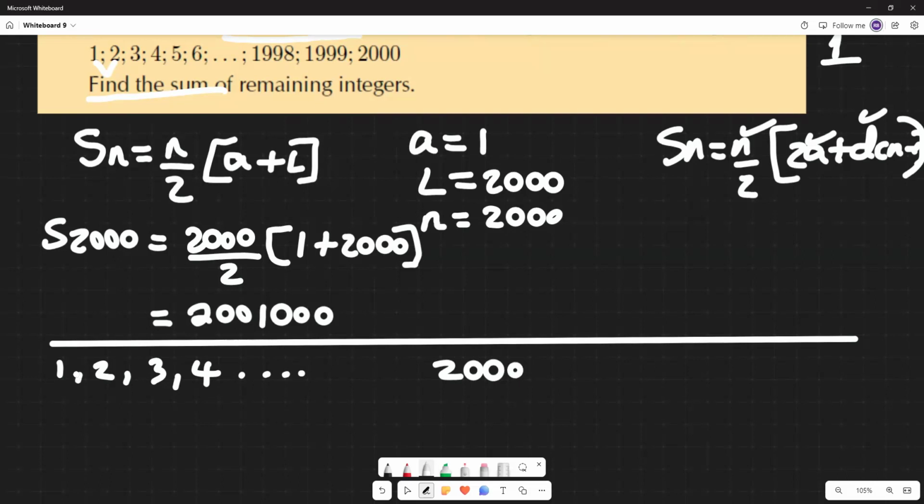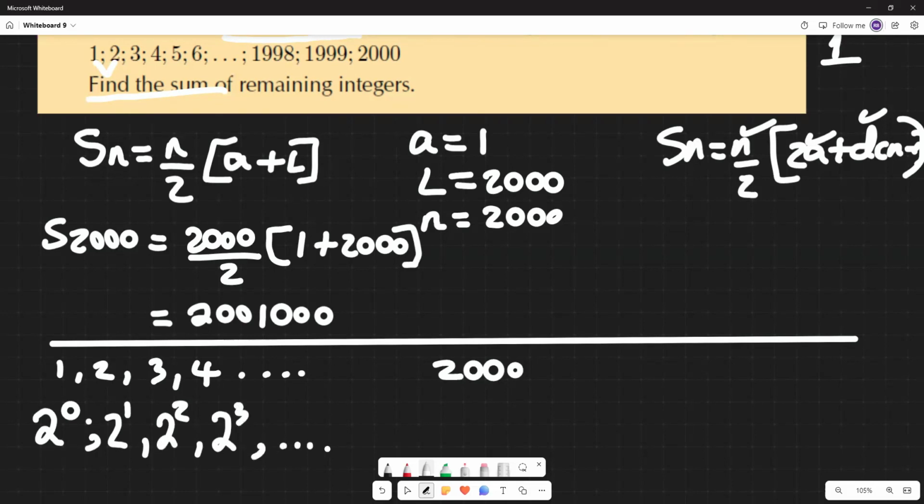This is where many learners make a mistake. 1 is a power of any number. Don't forget that. That is very, very important. In this case, 1 is basically 2 to the power of 0. Then the second power of 2 will be 2 to the power 1, 2 to the power 2, 2 to the power 3.